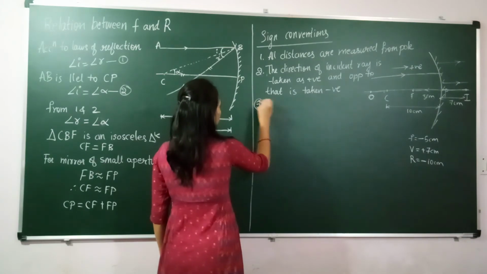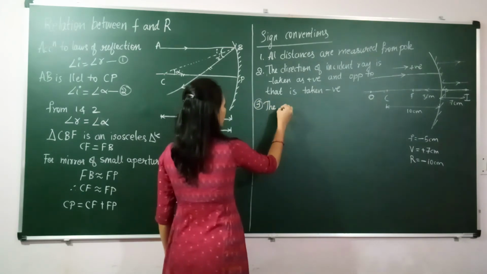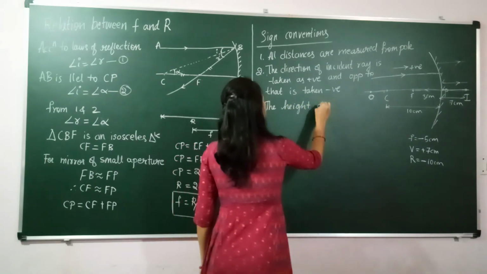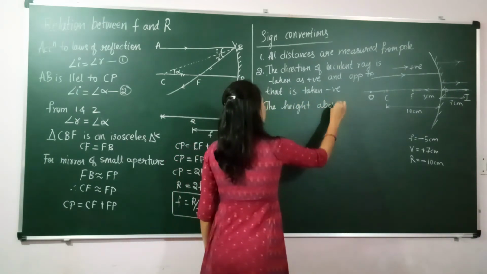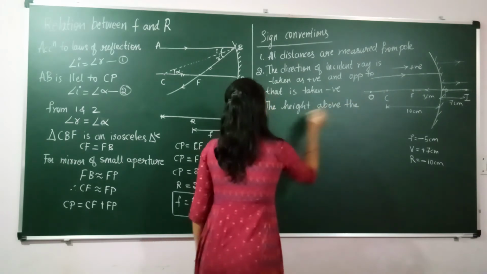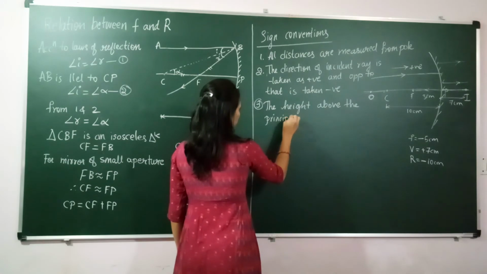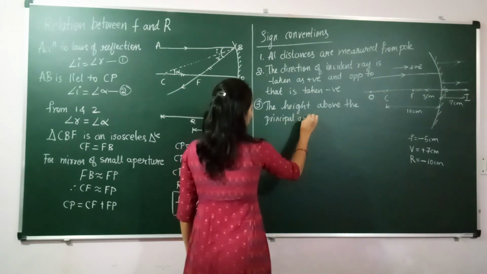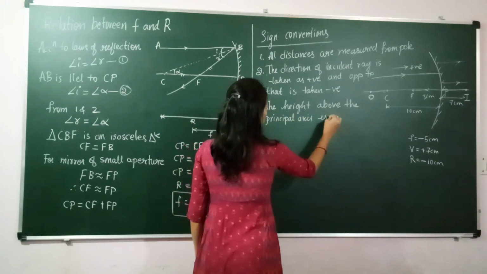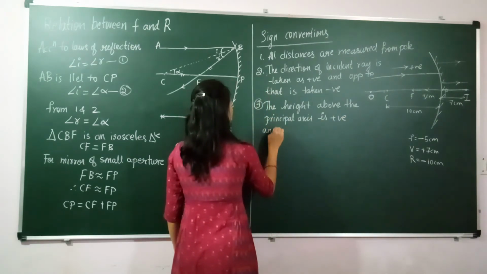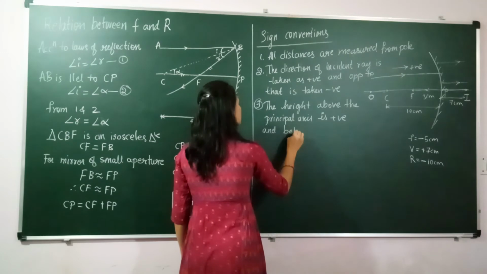Next, third: the height above the principal axis is positive, and below is negative.